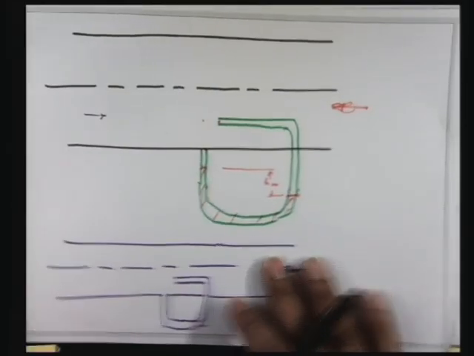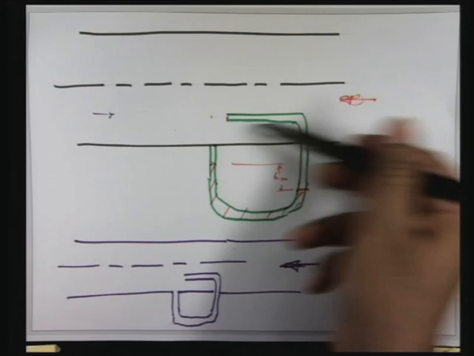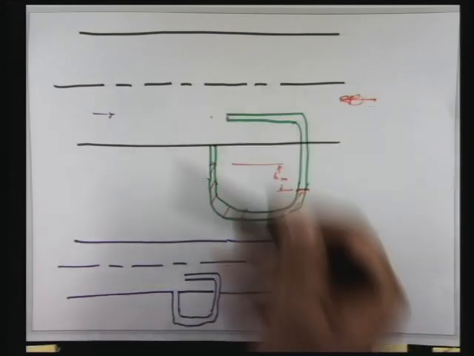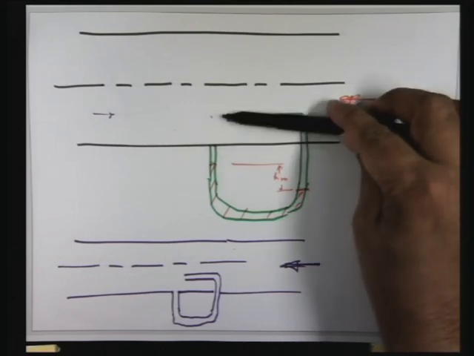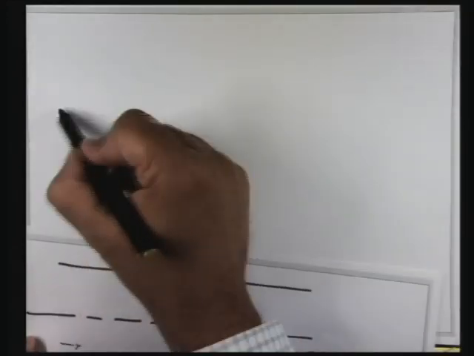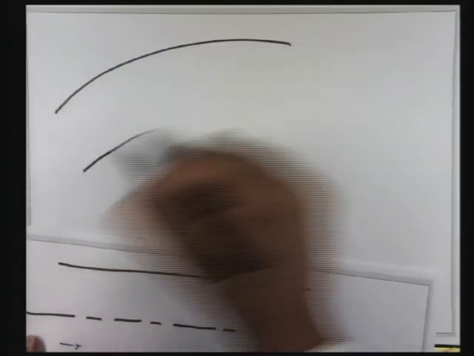So for example, if you go back to that case where we inserted a pitot tube in a circular pipe, this is a straight pipe, and we are measuring the velocity at this point. Now suppose I give you a tube like this, which is curved.